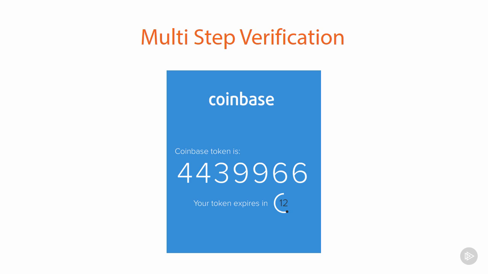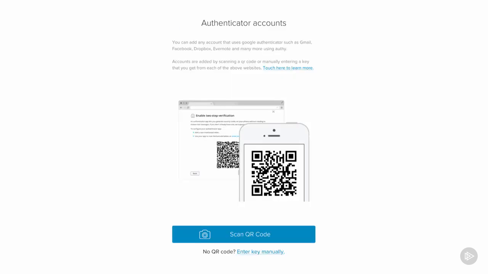Now, implementing multi-step verification can be very easy these days. For example, by using Authy. This is what the Authy app looks like when you set up a new application, and it's simply a matter of pointing your smartphone at a QR code on the screen, which sets it up uniquely for your account. As a technology professional implementing this technology, it can be a very simple exercise.